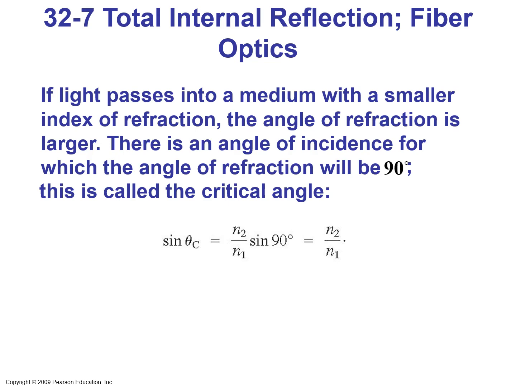So if you write down Snell's law, the sine of the critical angle is equal to the index of refraction of the second material over the index of refraction of the first material multiplied by the sine of 90 degrees, which is equal to 1. That gives us the ratio of n2 over n1.